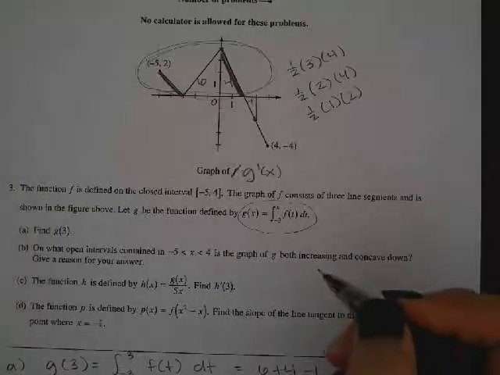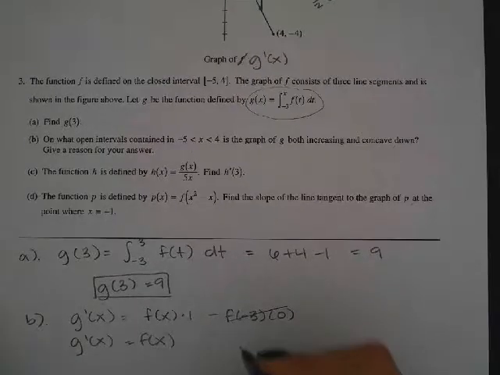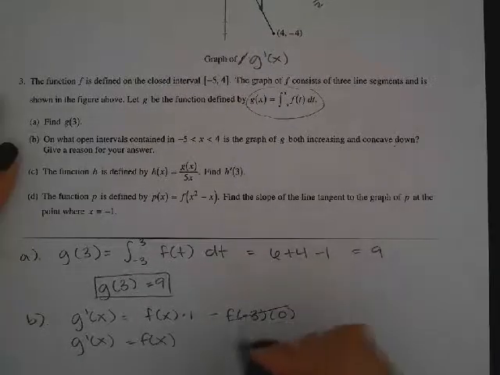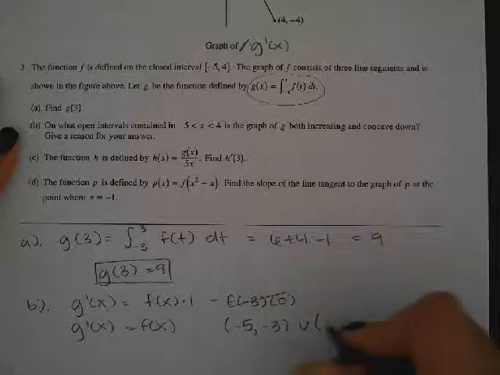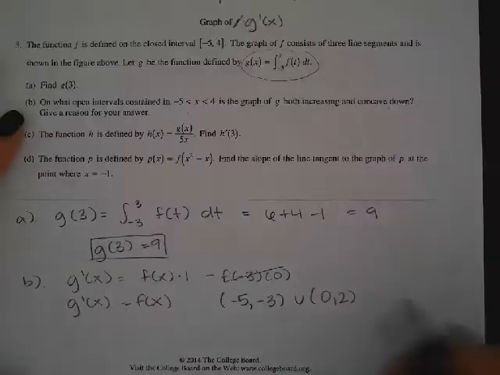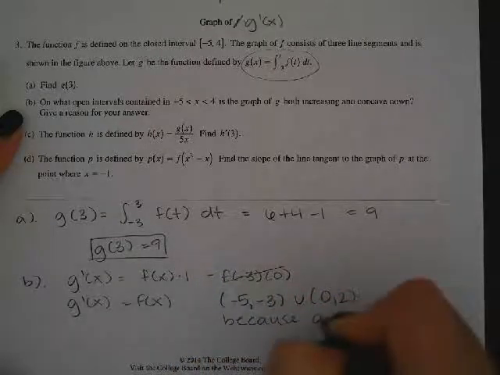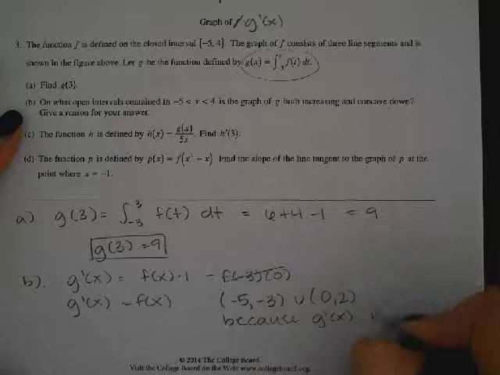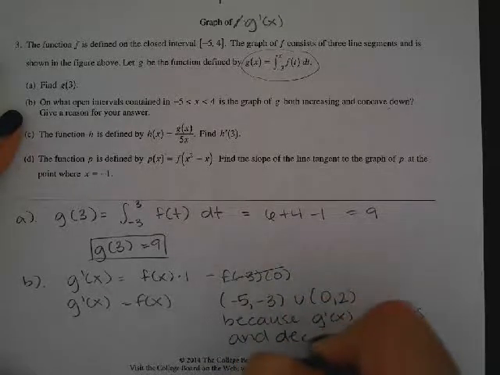And so that means that g is going to be increasing and concave down on the interval from -5 to -3, and then the interval from 0 to 2. The justification for that is because g prime of x is positive and decreasing.